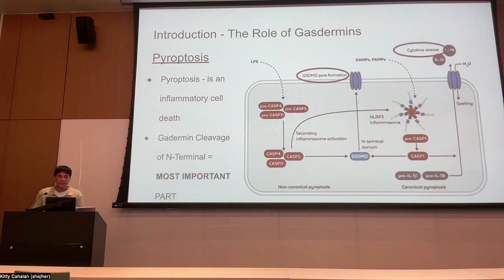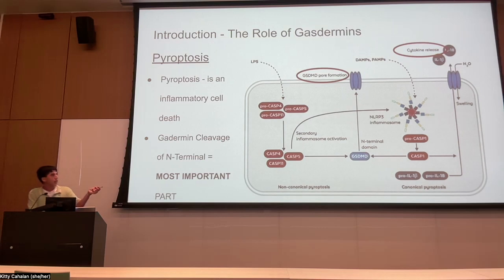This is probably the most vital part of the process. The reason why I say this is because cleavage of the N-terminal domain directly results in the pore formation of the gasdermin as well as the release of cytokines. The gasdermin pores form all across the cell membrane.